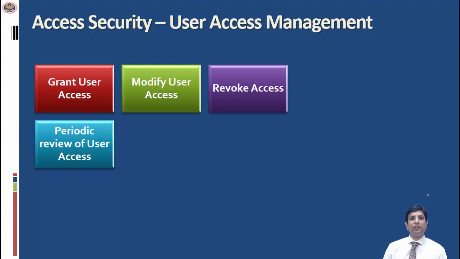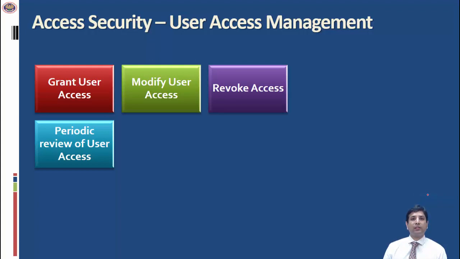This kind of review is done by an independent person. Typically, the access data is provided by the IT team to individual business heads of departments who look at the access of the employees and confirm whether the access is right or any change is required. In case there are certain accesses which are not required, they have to be revoked or removed.